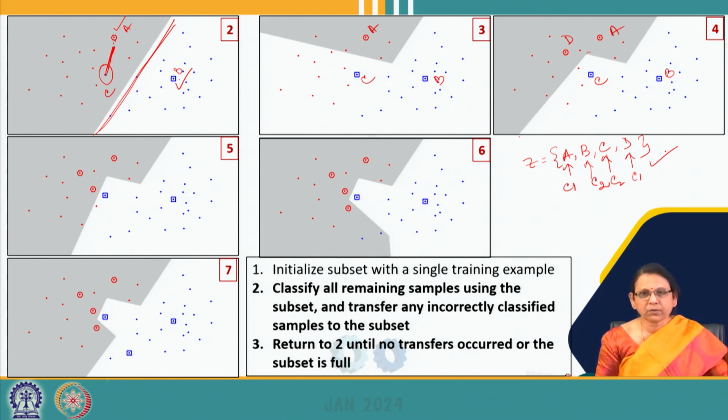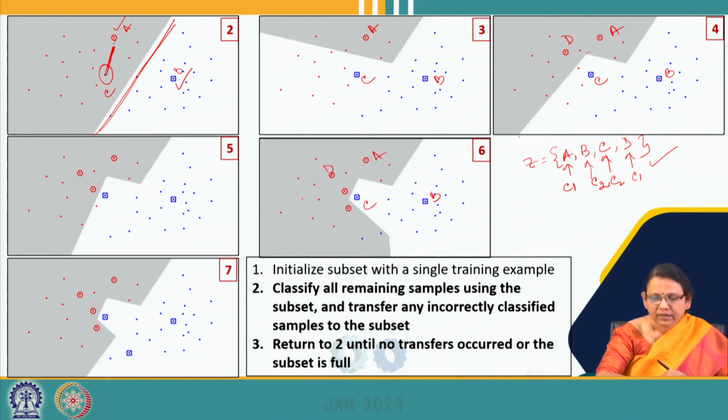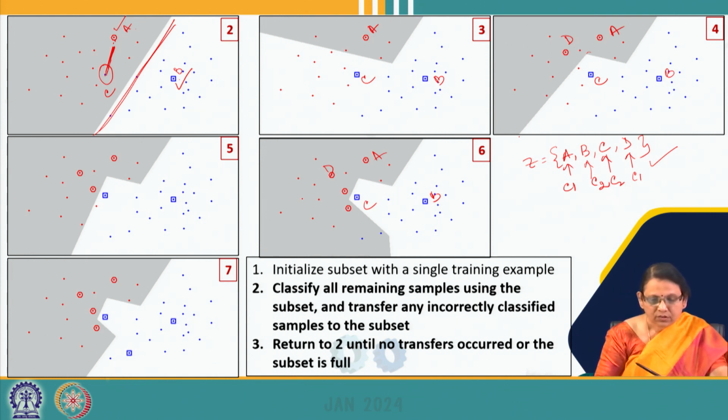Continuing this process, it turns out that after adding D, this was A, B, C and D, the points which were supposed to be red have become close to this point and this point.